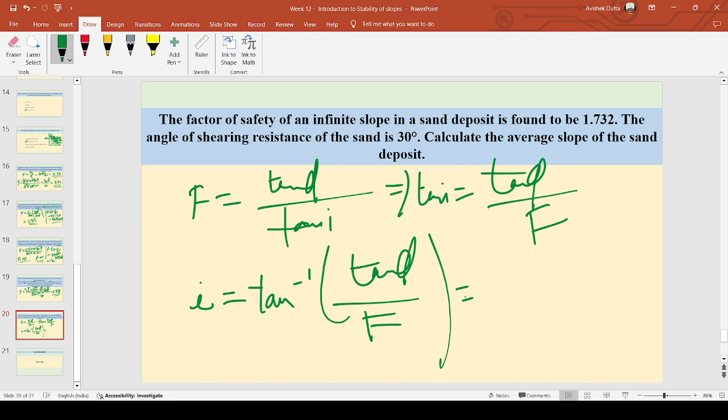Then if we take tan inverse, we get a value of around 18.44 degrees.